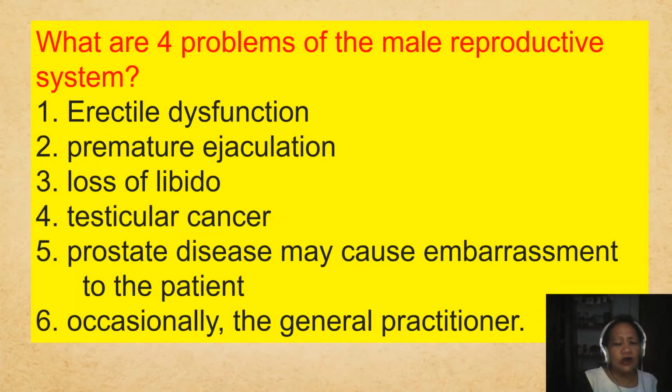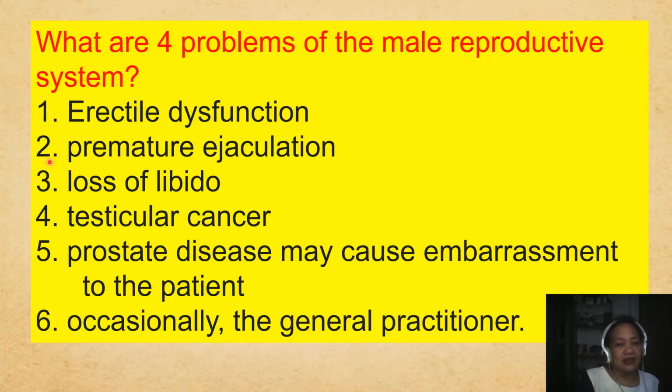What are the problems of the male reproductive system? Number 1, erectile dysfunction. Number 2, premature ejaculation. Erectile dysfunction means it will not erect your penis.